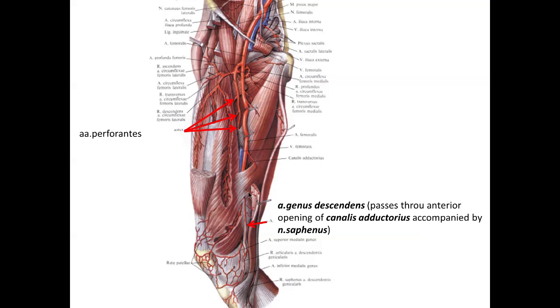It penetrates this fascia, which is called lamina vasto-adductoria, and it penetrates this lamina together with nervus saphenus. So we can say that arteria genus descendens passes through the anterior opening of canalis adductorius accompanied by nervus saphenus.